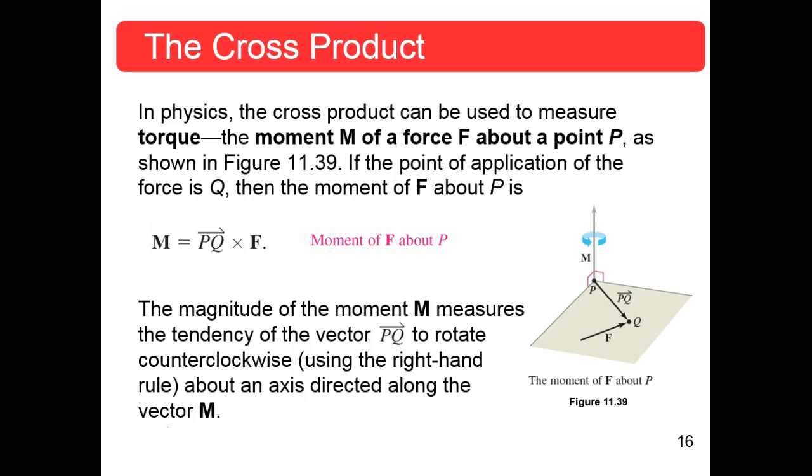The magnitude of the moment, M, measures the tendency of the vector PQ to rotate counterclockwise, using the right-hand rule, about an axis directed along vector M. Of course, if you were tightening something, you want it to do the other way. So that's what we mean by torque or the moment.